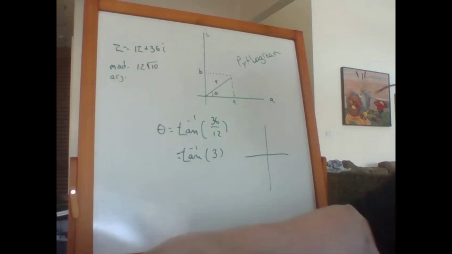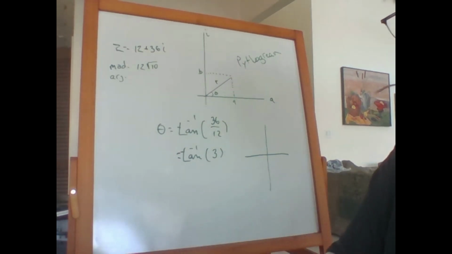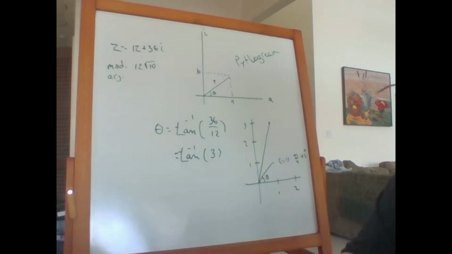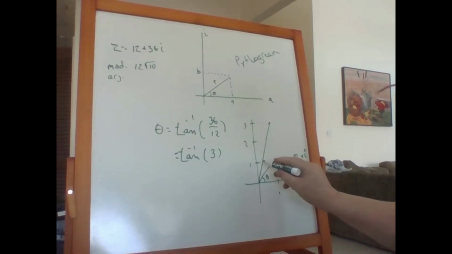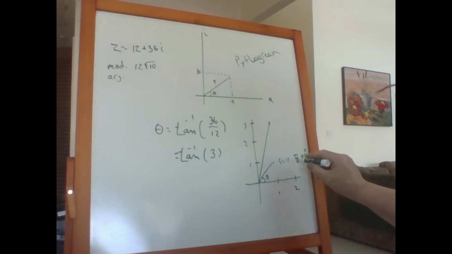We'd have to take a look at the trigonometric quadrants here. When we go back to our roots of trigonometric functions, we know that when we have 1 over 1, the angle is pi on 4 or 45 degrees.